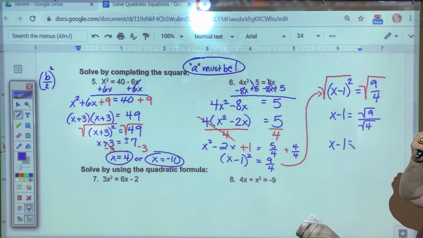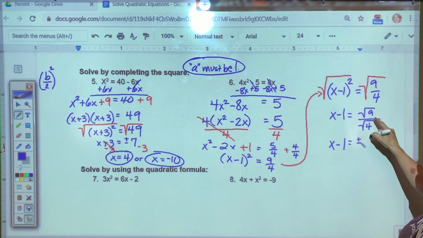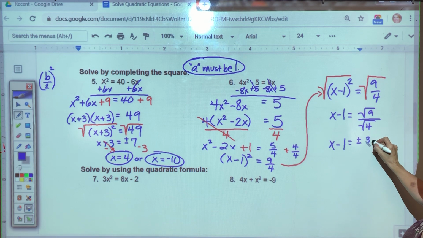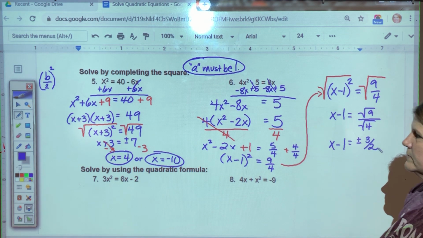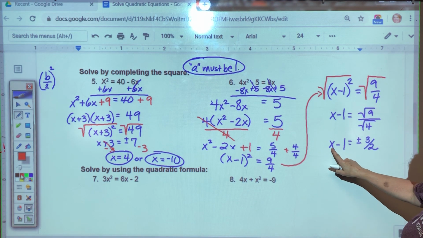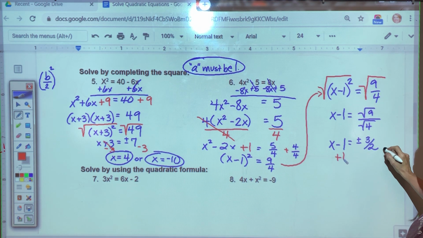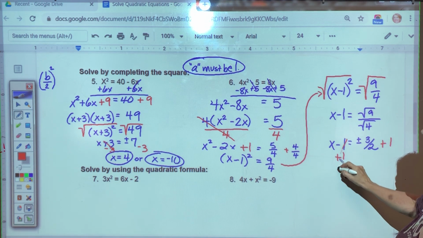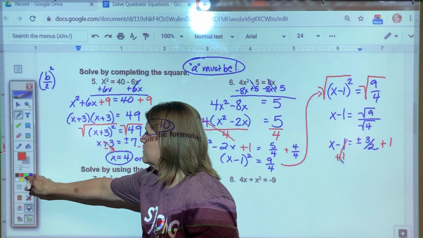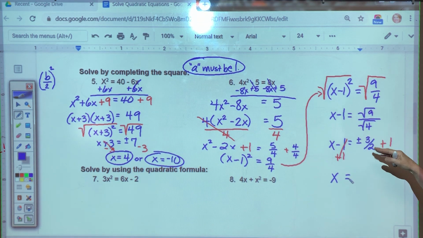And of course, the square root of 9 could be plus or minus 3 over 2. So 3/2. And I'm almost done. To get x by itself and to solve for x, I have to add 1 to undo this. So we're going to add 1 to both sides. And that will result in this.